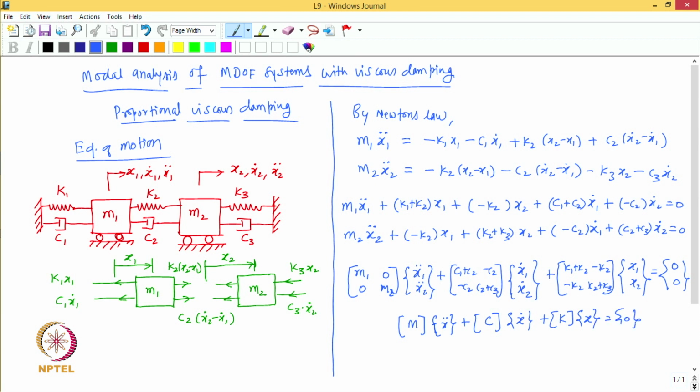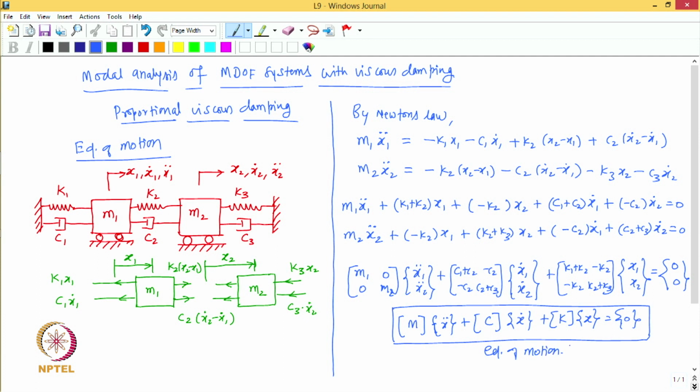Right now we are considering the free vibration of the system, and hence on the right hand side the vector is 0. So this is nothing but the equation of motion of the system.